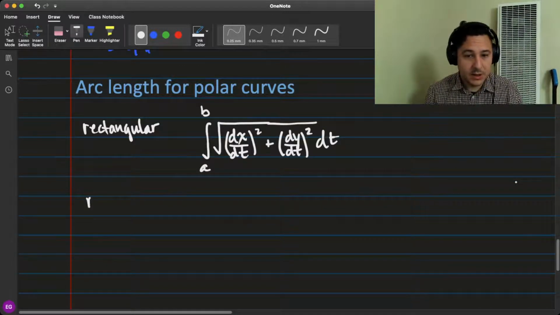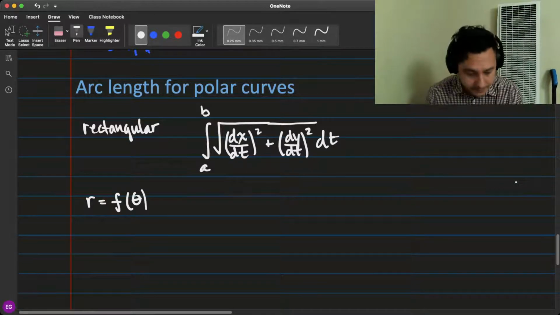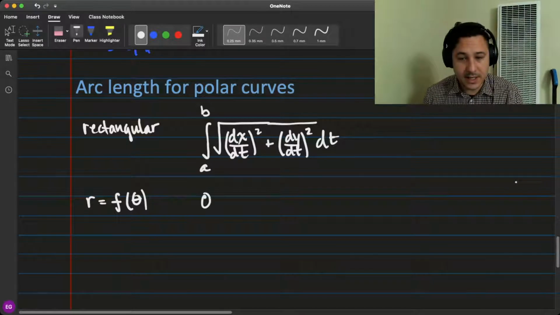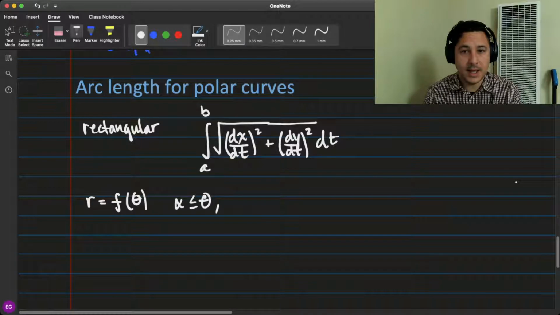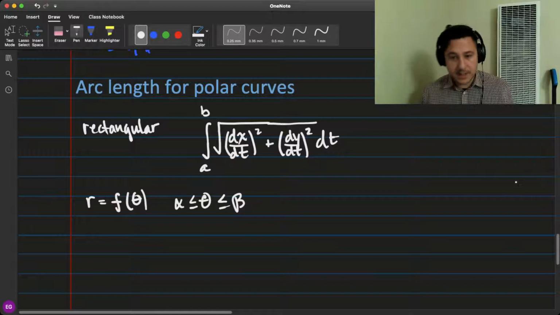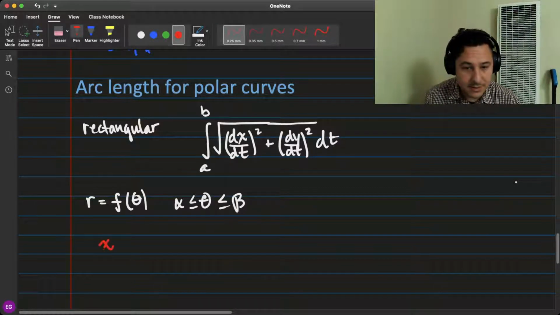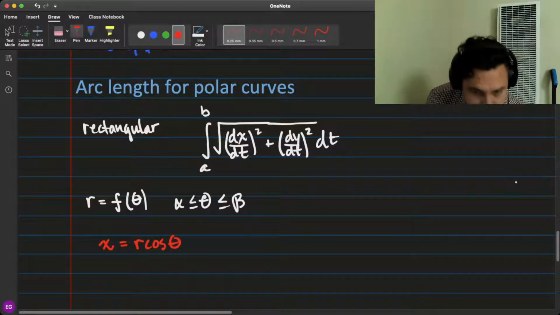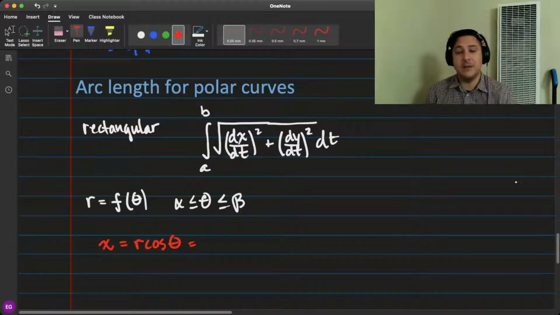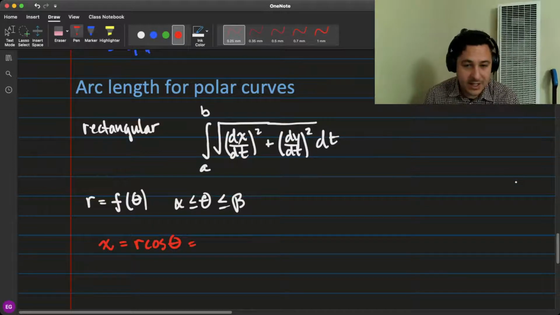Remember, your f function inputs a theta and spits out an r, and your theta goes between alpha and beta. We have our little formulas to change things around. Remember how x is equal to r cosine theta? We can make a replacement here. What is that r equal to?